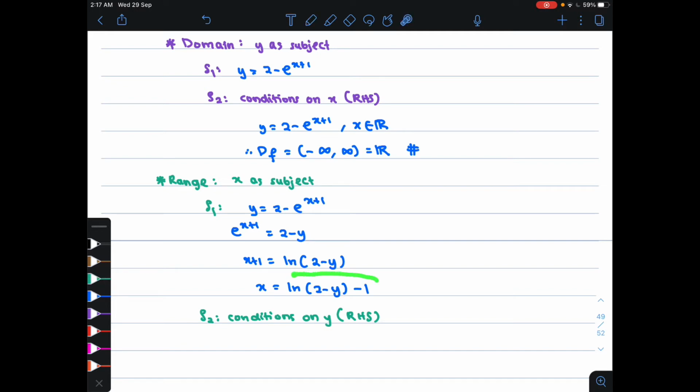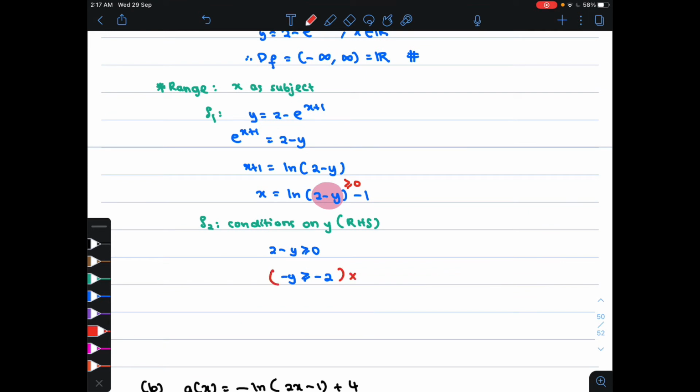So, this is the right hand side. And note that we have ln. And we know that for ln, anything inside the bracket should be more or equal to 0. And we'll get y less or equal to 2, therefore the range is from negative infinity until 2, close bracket.